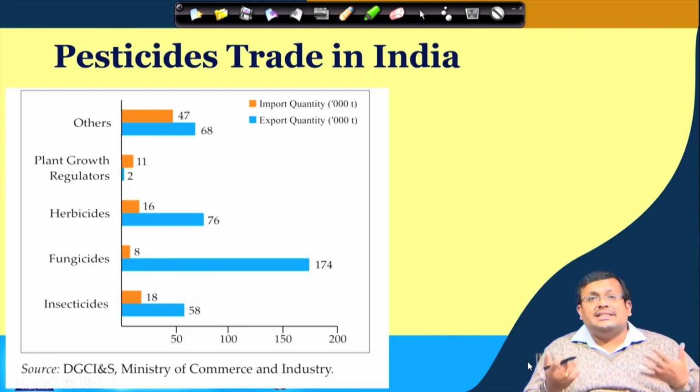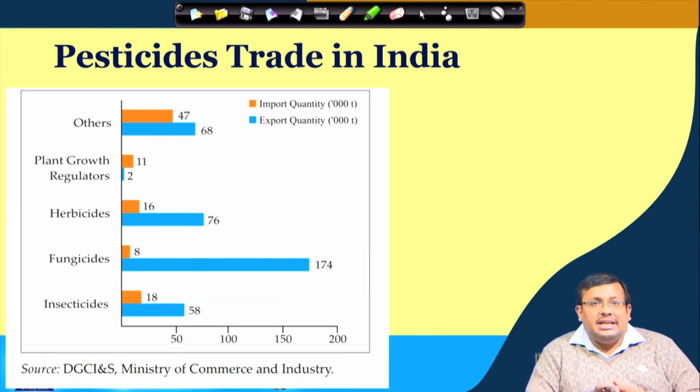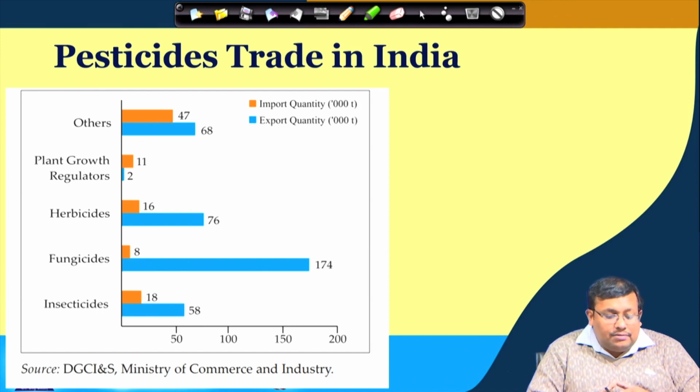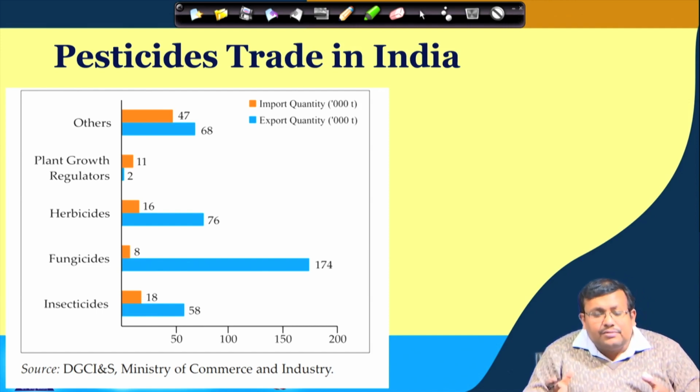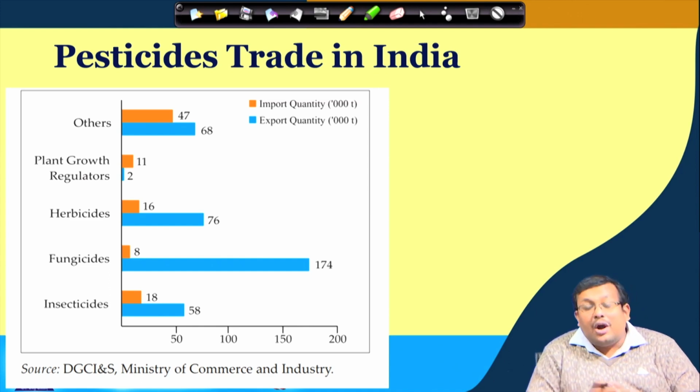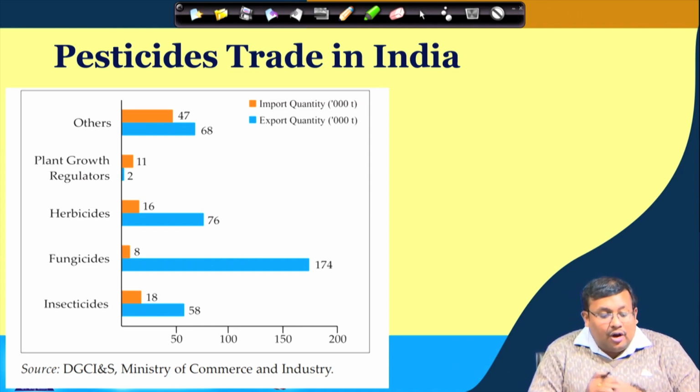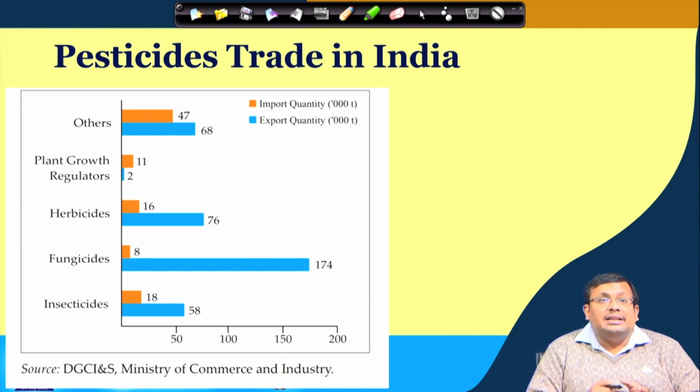If we see the pesticide trade scenario in India, India exports a huge quantity of fungicides, about 174,000 tons, followed by herbicides, and it also exports a huge amount of insecticides.